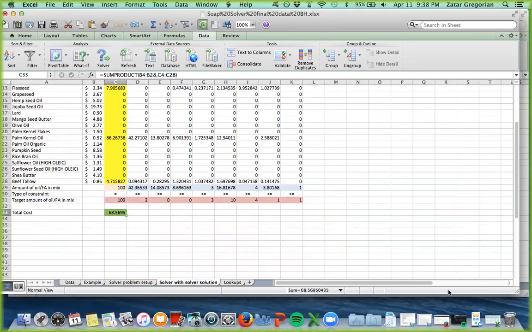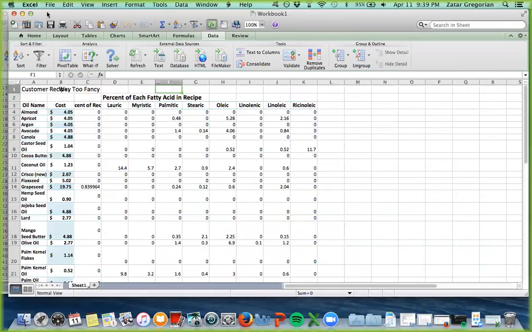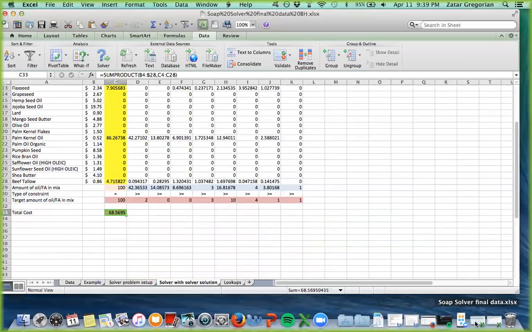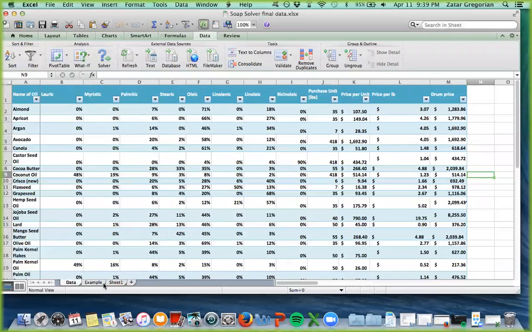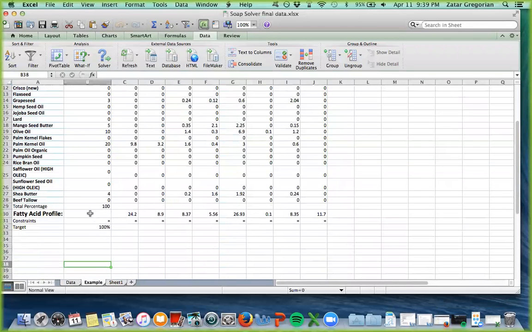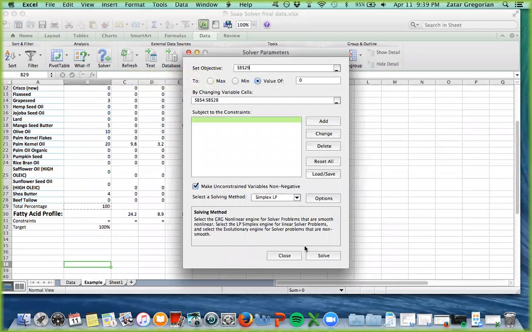So I decided I would try to reconstruct it to see if I could figure out what was happening. Initially I tried to do this in my final data, where I started setting everything up, put in the constraints, and started working with solver, and I got error 1004.